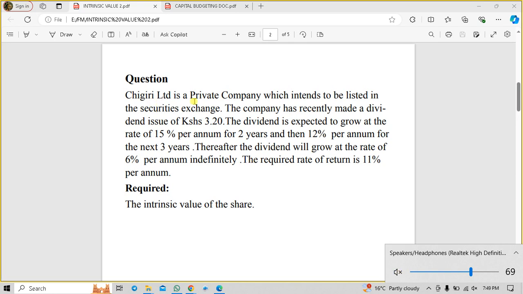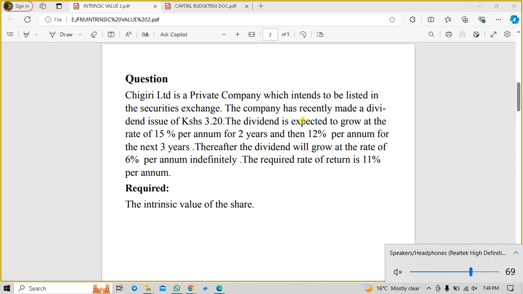Chigiri Limited is a private company which intends to be listed in the Securities Exchange. So this is a private company and it intends to be listed in the Securities Exchange. So in Kenya we call it Nairobi Stock Exchange. In other countries, we have names of those securities exchange.